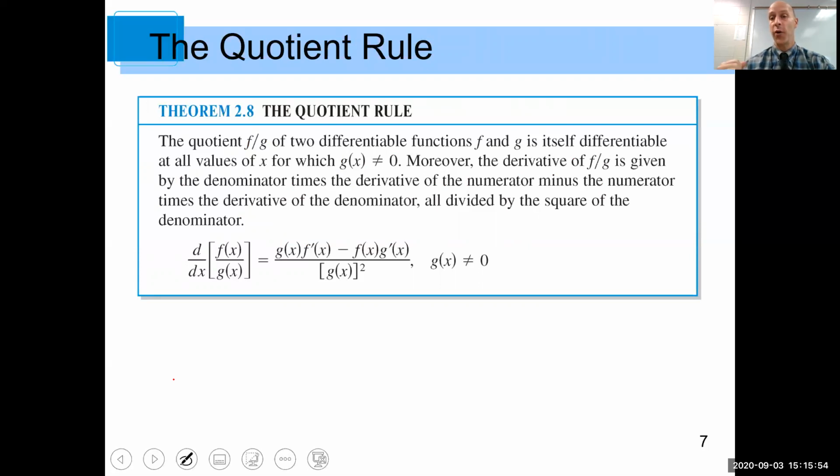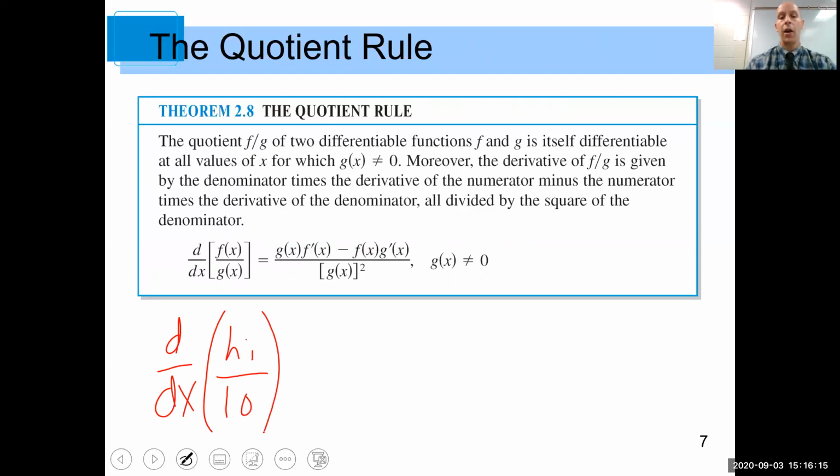Now this one here, I'm just going to go ahead and give you the mnemonic device for this. A mnemonic device is just a saying that helps you remember something, kind of like, please excuse my dear Aunt Sally. So if I want to do the derivative of, and I'm going to write this a little bit differently, high and then low.